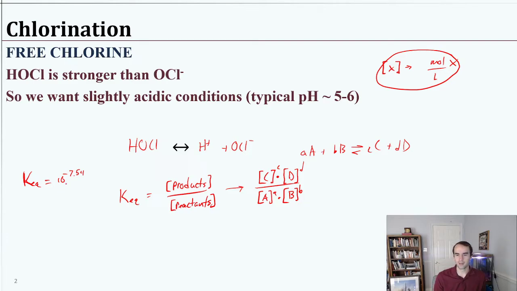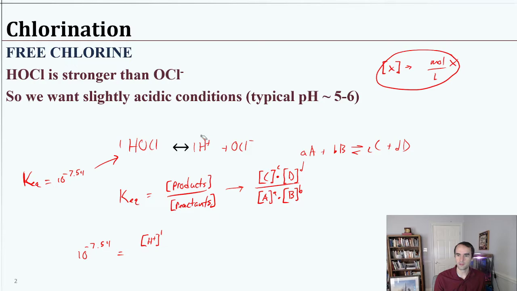So in the case of our HOCl system, we could say 10 to the negative 7.54 equals our H plus to the 1 power, because we have 1 here, 1 here, and 1 here implied.